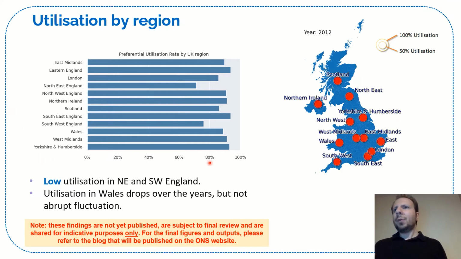If we look at what is happening over the years, we can see that there is a drop in utilization in the northeast part of England, and utilization in Wales seems to drop over the years, but we don't have abrupt fluctuation here.